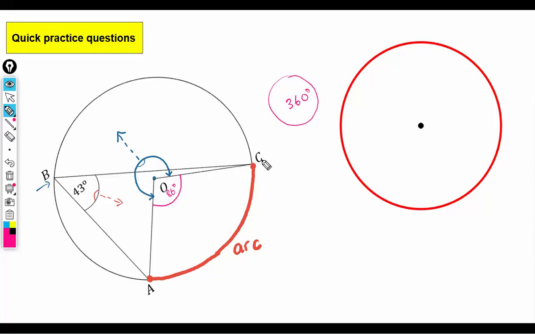If you turn around in a circle, you make 360. So you'll realize the pink angle combined with the blue angle is a full circle. So if you could reason out this side is 86 using rule 2, then the blue angle would be 360 minus 86 degrees.